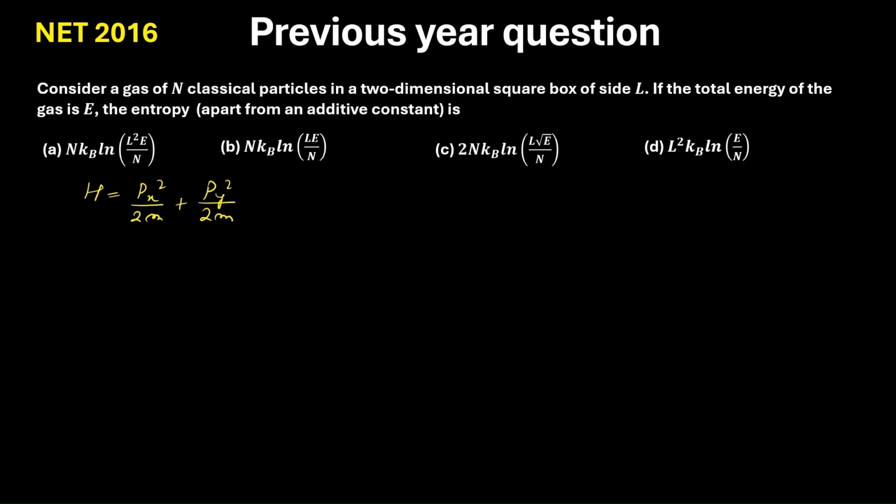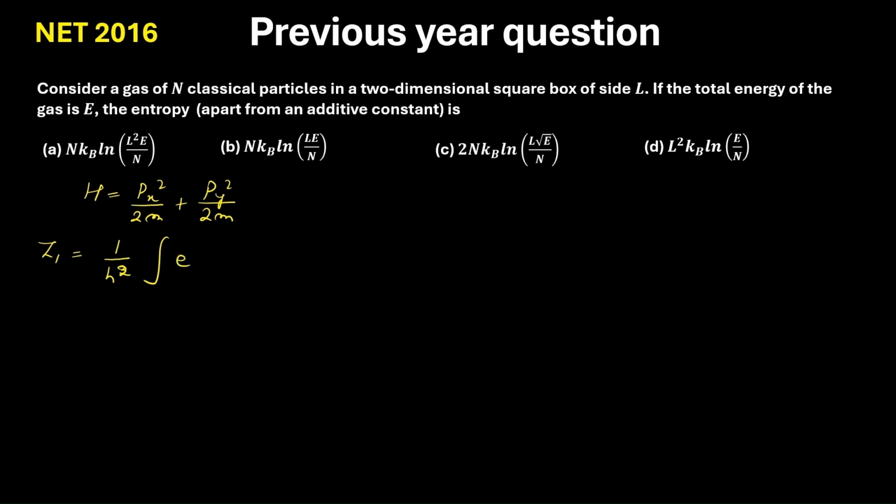Now, compared to the previous technique of calculating the partition function, here we will be using a concept that the partition function is also equivalent to the total volume in the phase space. So if I want to calculate the partition function of a single particle, then we will use the phase element. Since it is 2-dimensional, it will be 1 by h square.